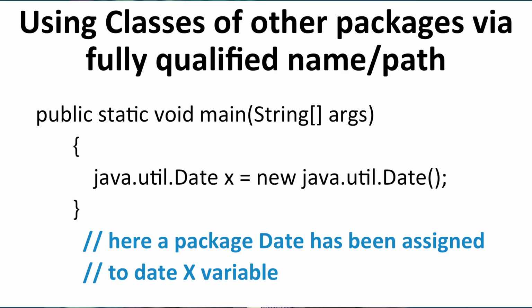We have provided the fully qualified name or path for that particular class. So x is nothing but a variable of the Date class, which is inside util, and util in turn is inside java. java and util are the packages and Date is inside the util package.